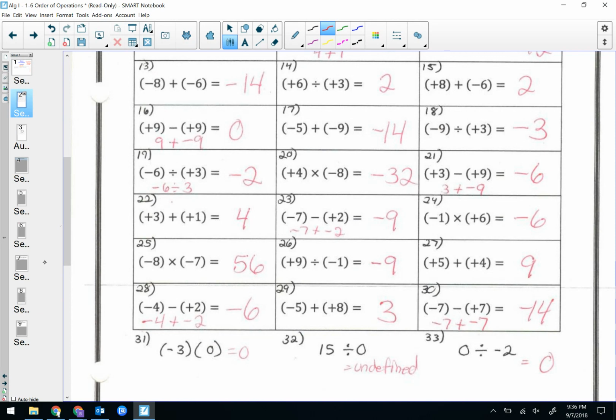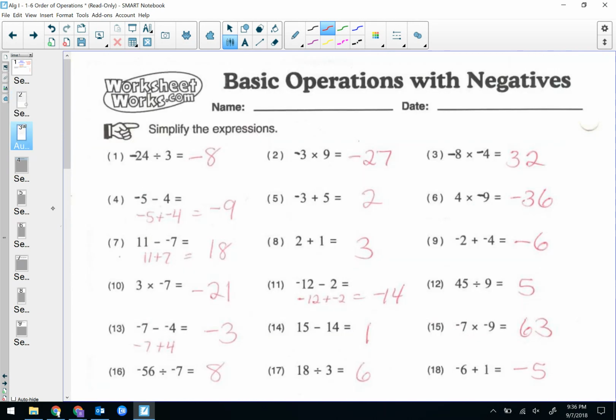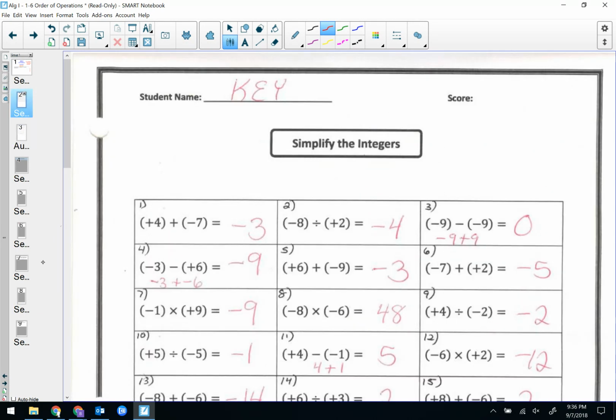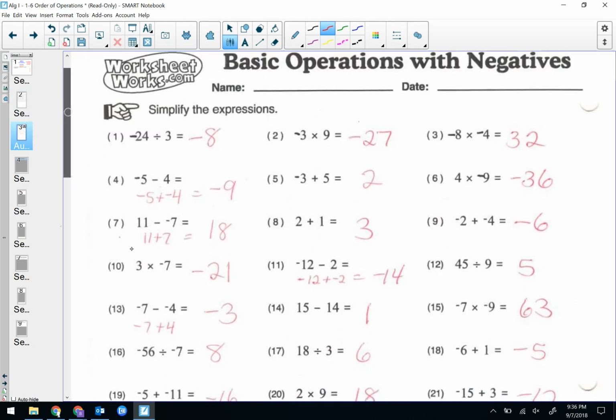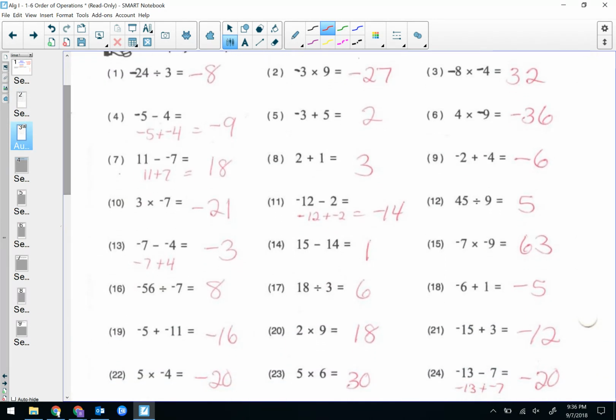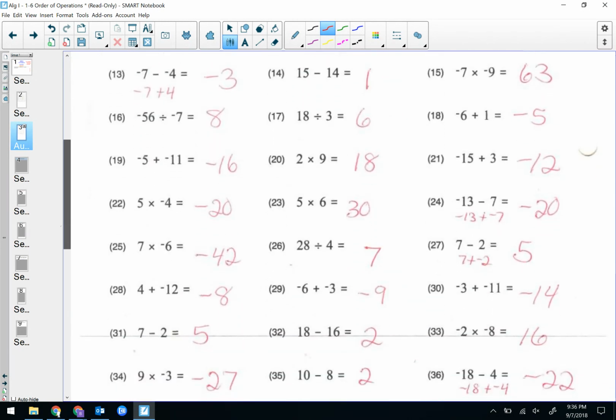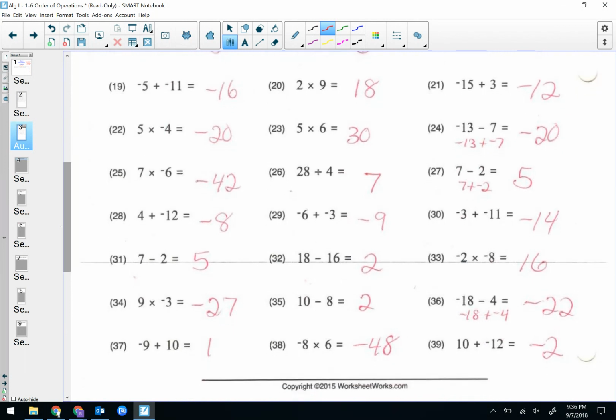This was the only side that was due, but you could have done this side too, so I just want to show the answers there just in case.